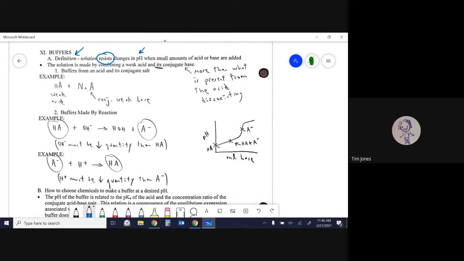Now, notice it says small amounts. There is a point at which you ruin the buffer, and at that point, it's not keeping the pH constant. We'll take a look at that as well.